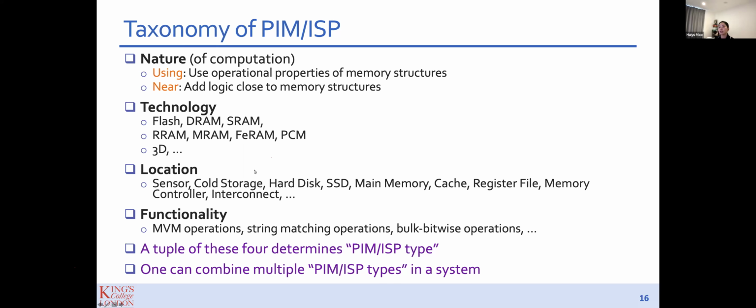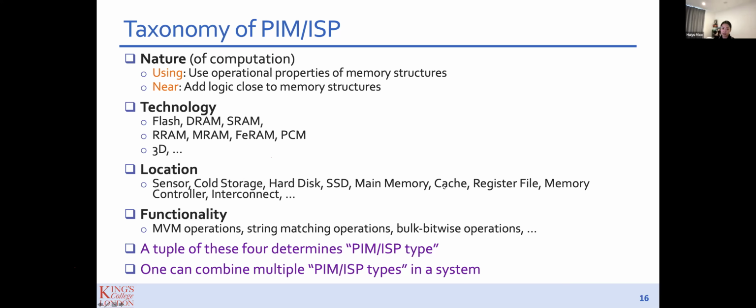And the third one is location, meaning where we do this data processing. We can do it either in the sensors, inside the memory. We can do it in the cold storage, hard disk, SSD. We can also do it in main memory, which is quite popular nowadays, because it has quite a lot of benefits.